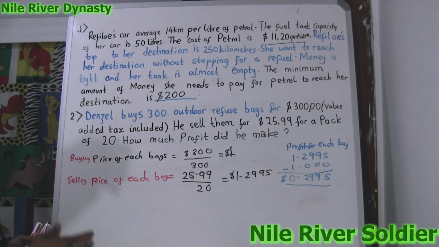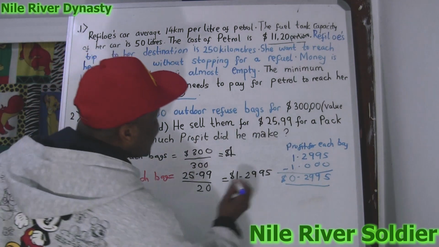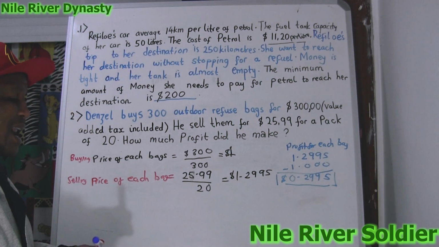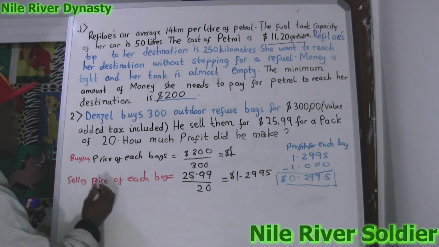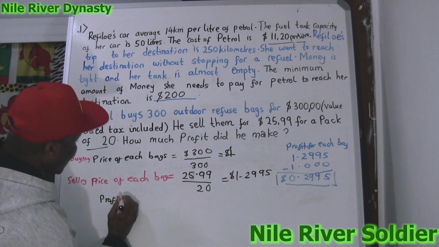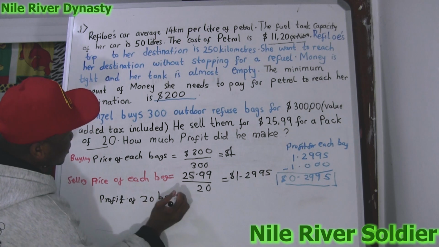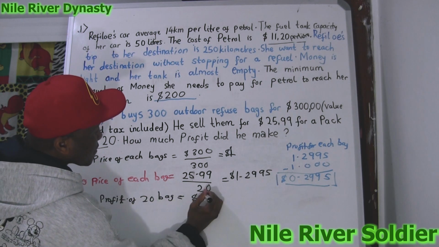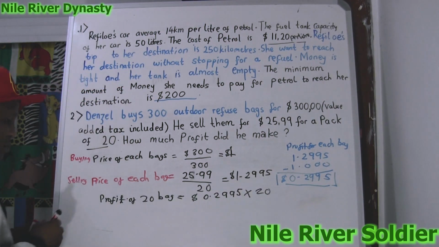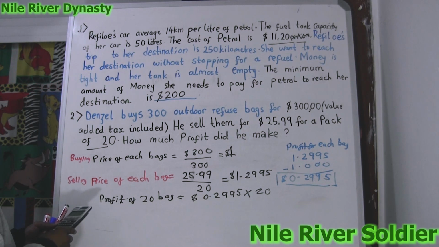But now let's see how many bags he sold. He sold a pack of 20 bags. So this is the profit of each bag. Now we want to know the profit of the 20 bags that he sold. I'm going to take the profit of each bag, 0.2995, times 20.